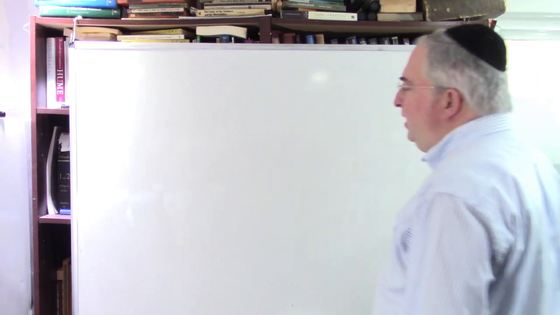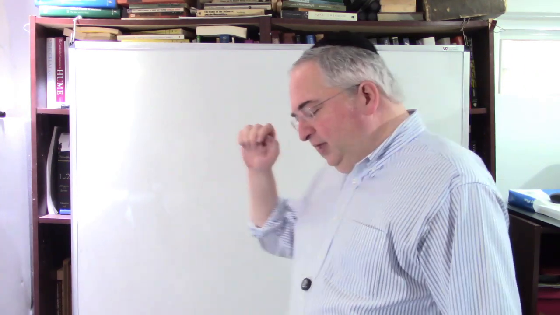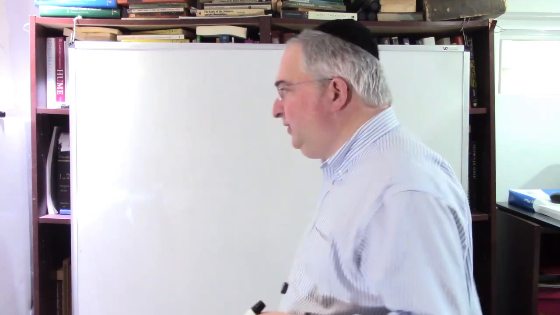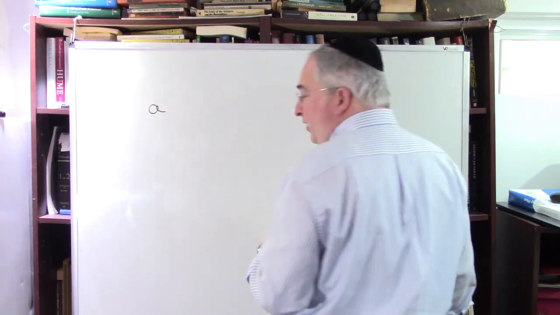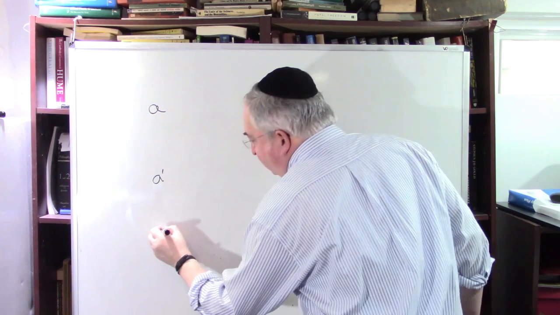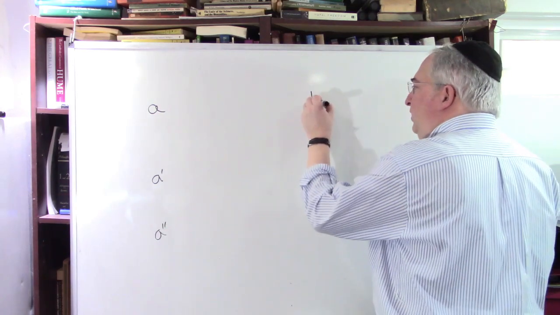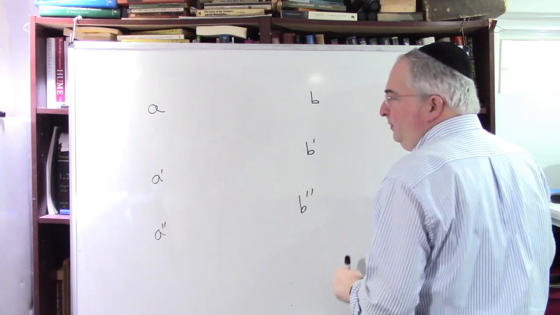Now let's take that other thing that we had with the composition and the bracket, and let's extend it a little bit. Imagine for a second you have an object A, and you have an object A prime, and you have an object A double prime, and you have an object B, and you have an object B prime, and you have an object B double prime.